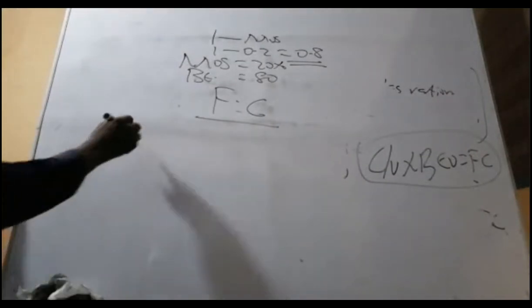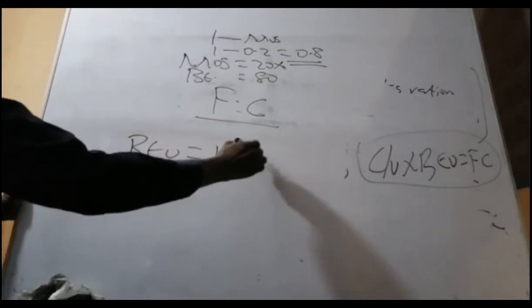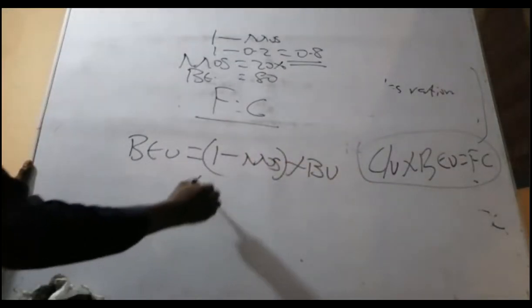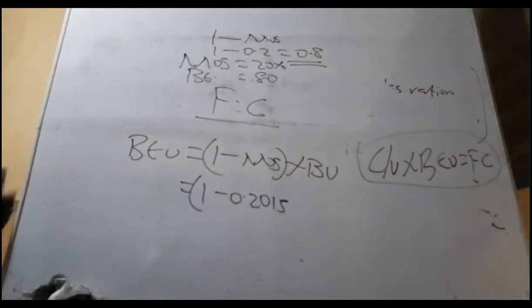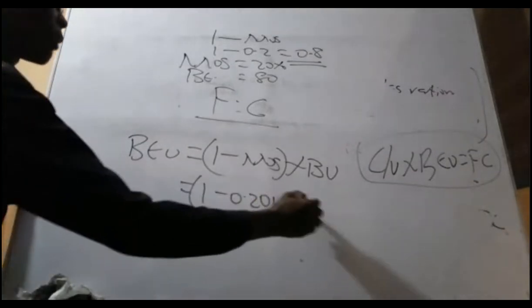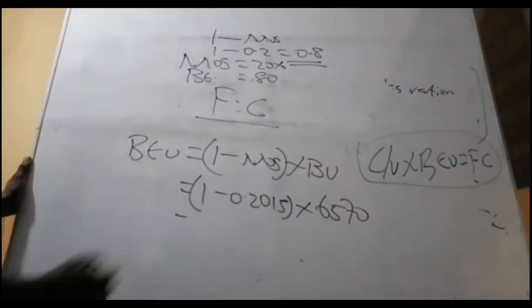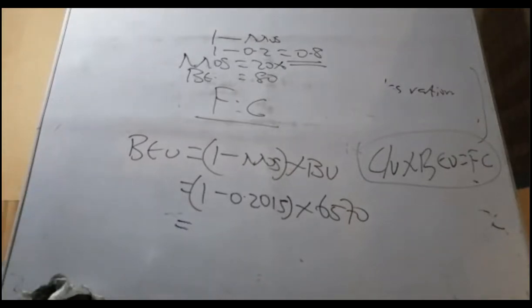Therefore, the break-even unit is equal to 1 minus the margin of safety times the budgeted unit, which is equal to 1 minus 0.2015 times the budget. The budget is 6,570. Any answer for us? So this answer is the break-even.